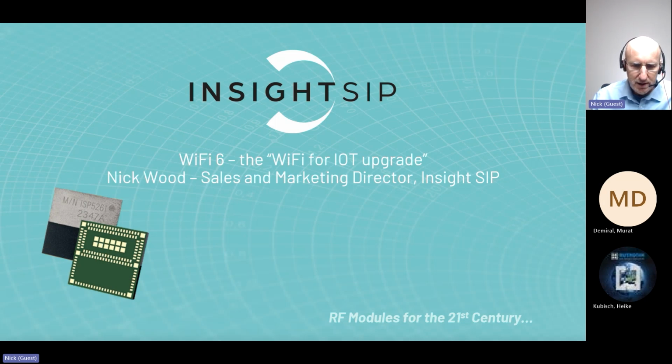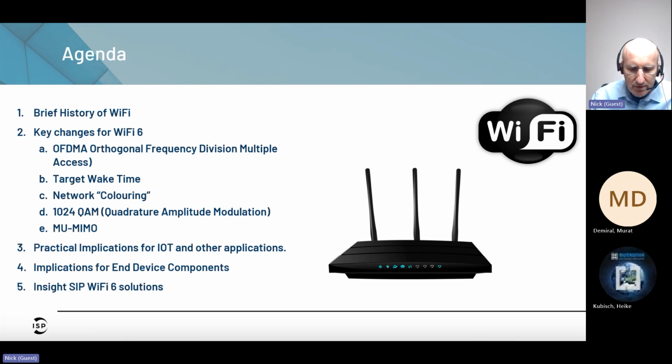So in terms of the agenda that I'll be presenting today, I'll give a very brief history of Wi-Fi, an explanation of the key changes in the Wi-Fi 6 upgrade, and why it's a little bit different to ones that have come before, and leading on from that, which is essentially the technical details of what's changed, I will then move on to what this means in practical terms, in terms of IoT and IoT applications.